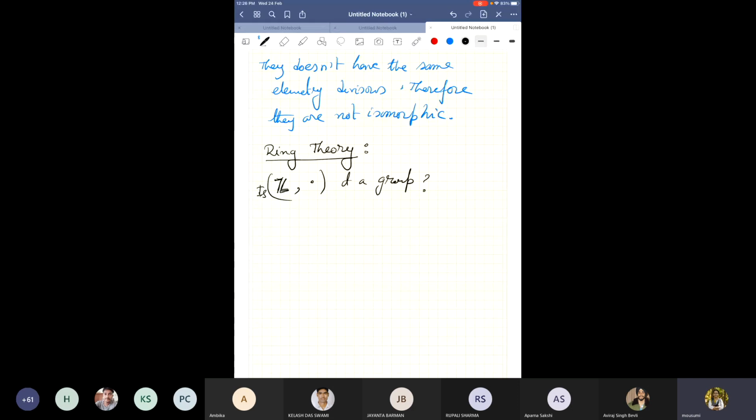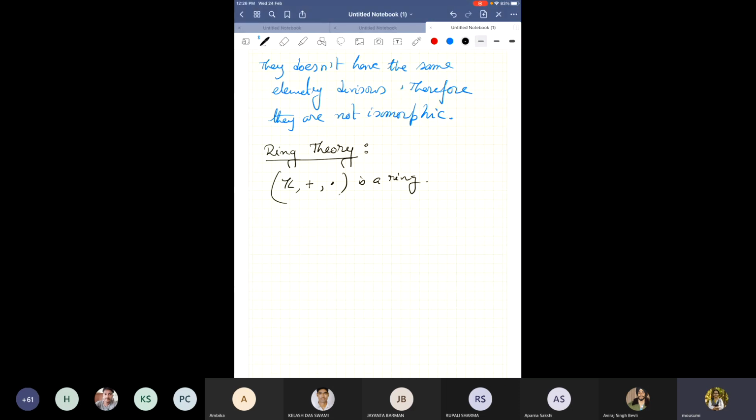I will formally define a ring. Before that, let us see some more examples. Here I am saying that Z with respect to addition is a group, and with these two operations it has a ring structure, but I have not yet defined what a ring is.